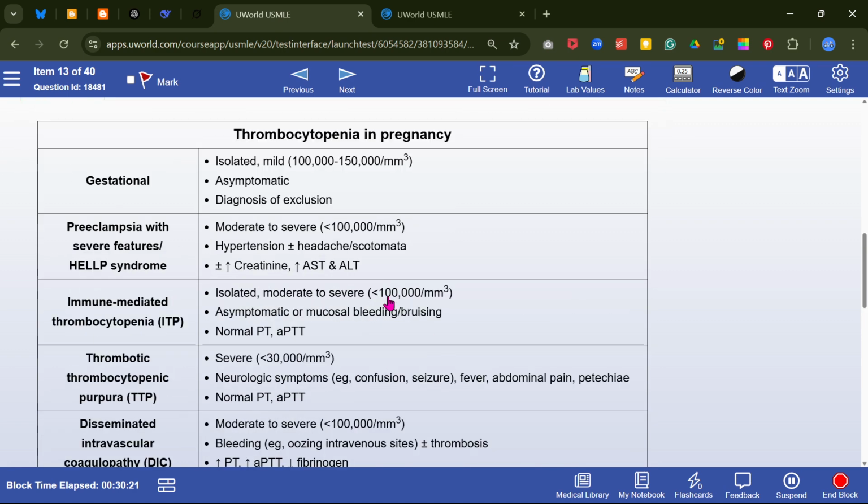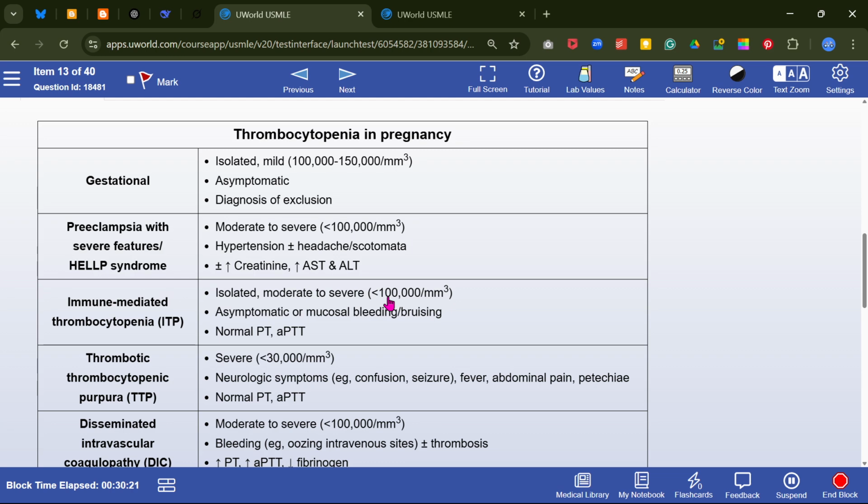Okay, if we go through this box, gestational is isolated mild, asymptomatic, and a diagnosis of exclusion. Preeclampsia with severe features or HELLP syndrome, there may be hemolysis, elevated liver enzymes, low platelets.